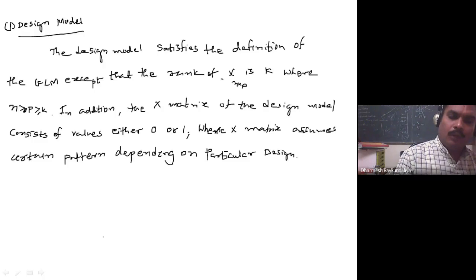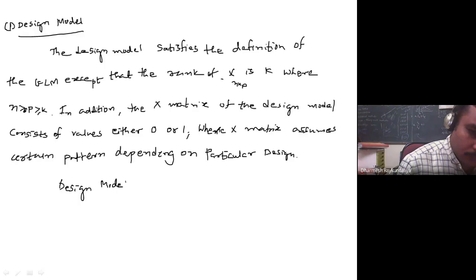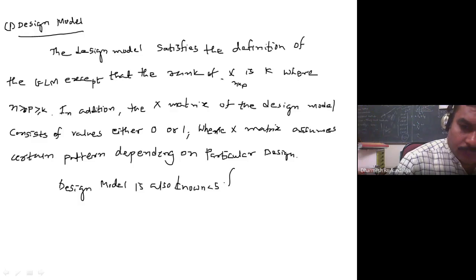So design models are also known as fixed effect models.